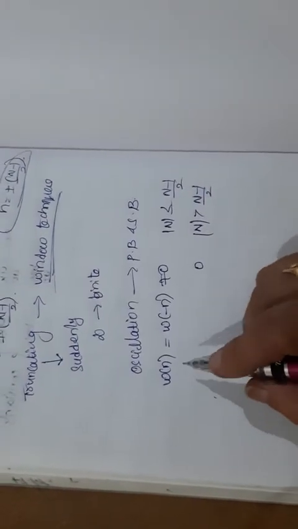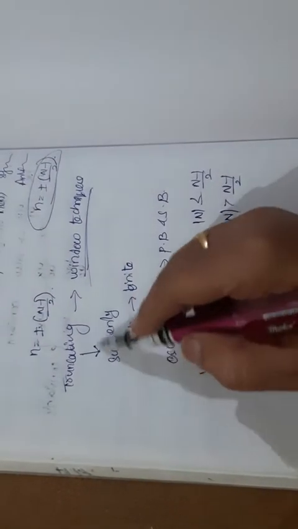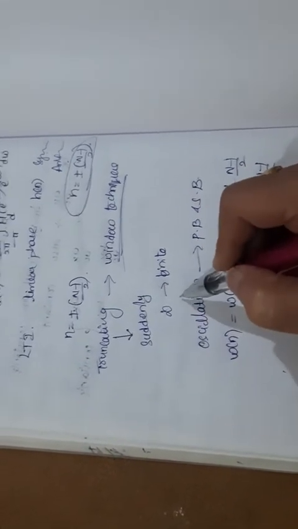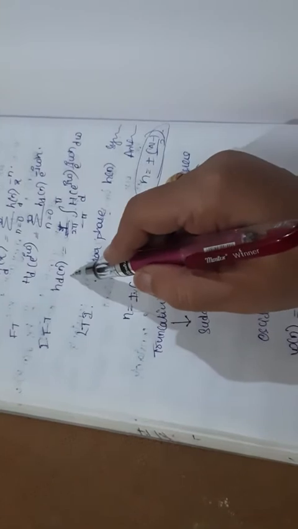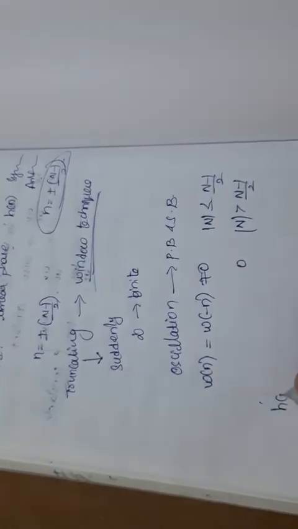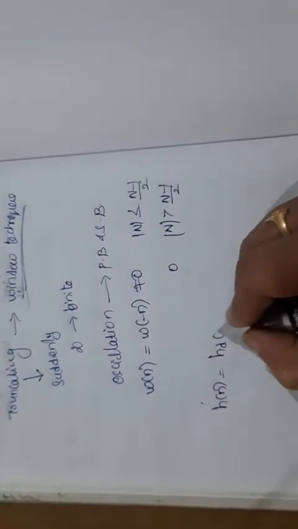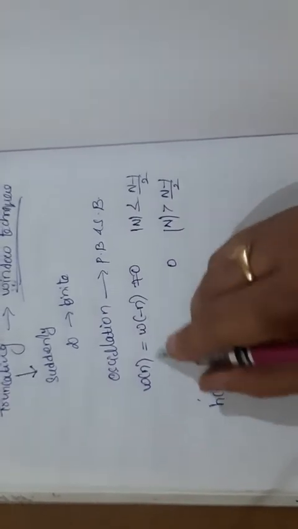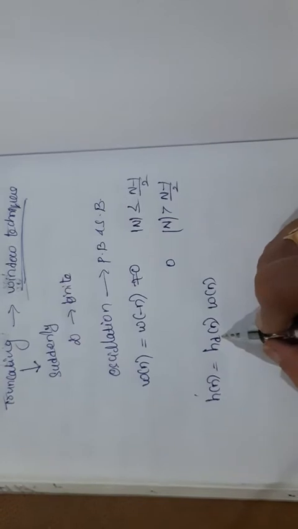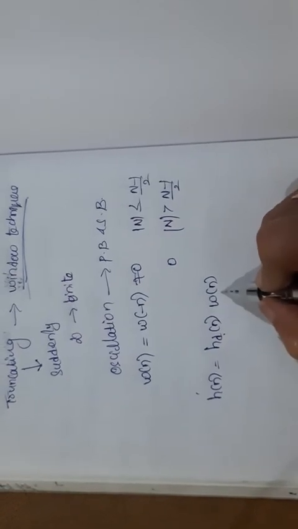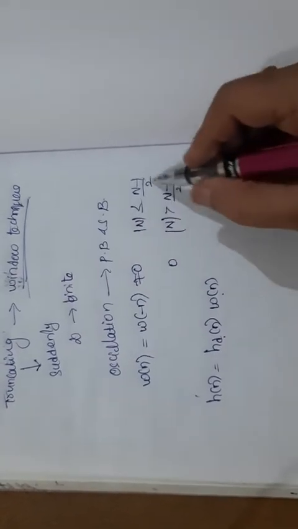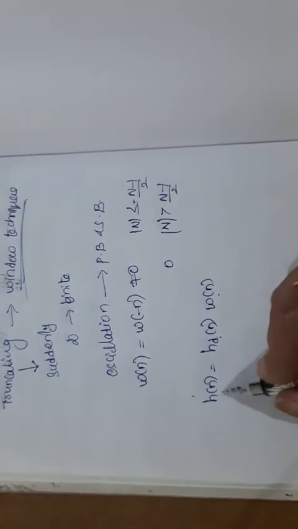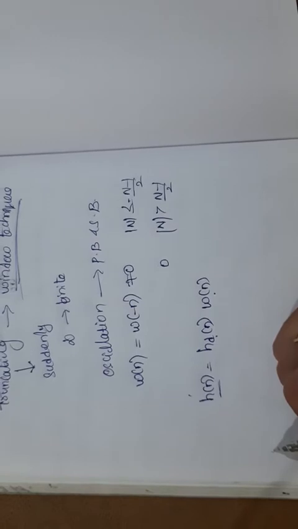So how do we truncate the infinite series into a finite series? This hd of n is of infinite length, so we get the finite impulse response by multiplying the desired impulse response with the window sequence. The infinite series is multiplied with a window function which is of finite length, that is, between plus or minus (N minus 1) by 2, such that I get a finite impulse response.